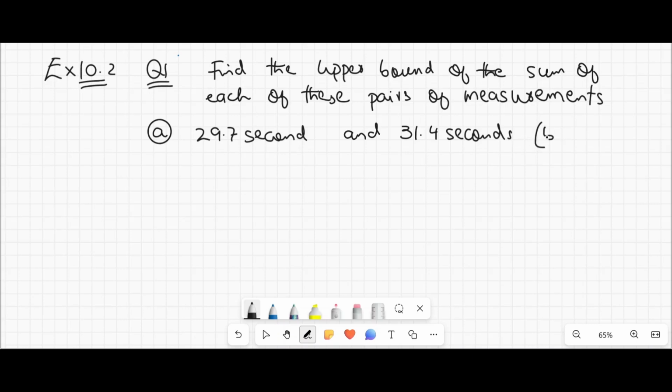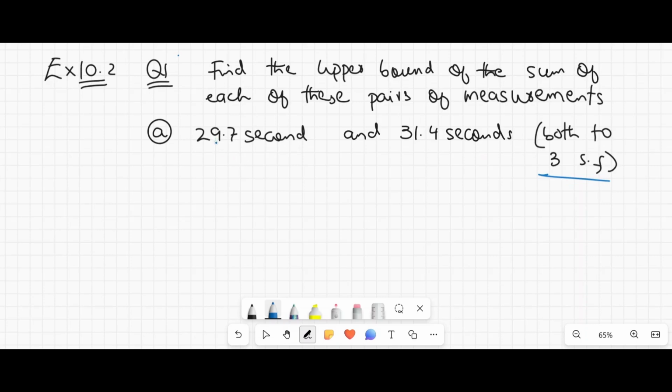Now it says both to 3 significant figures. When it says both to 3 significant figures, it is about the accuracy.